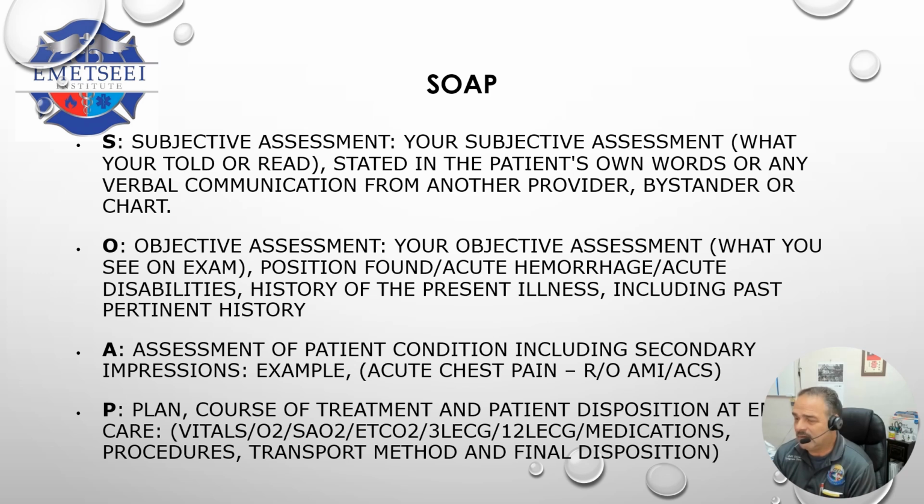And finally, what was their final disposition? If you're non-transport, did you turn them over to a transport unit, or did you take them to a hospital and turn them over to a nurse or a doctor? Make sure you're documenting that information. We're going to talk about it a little bit more, but part of that documentation is also very important: if you have patient belongings, who you turn those belongings over to.